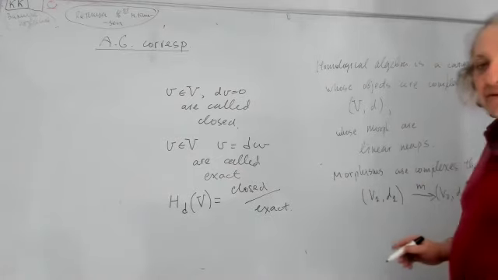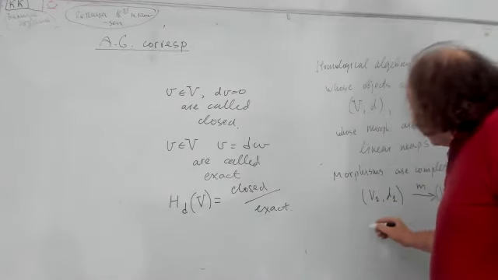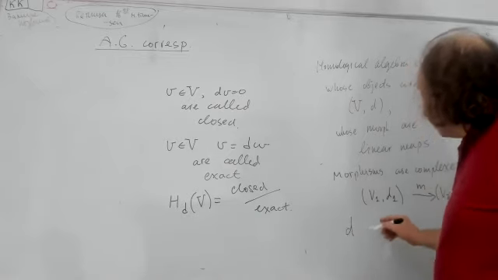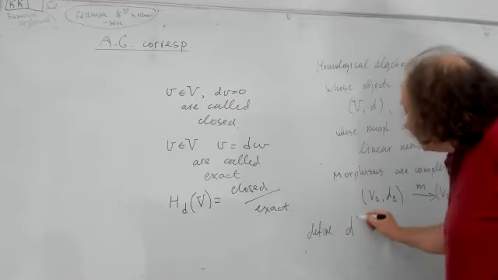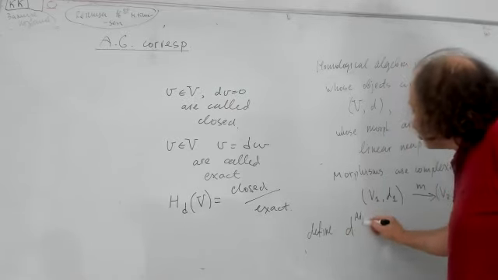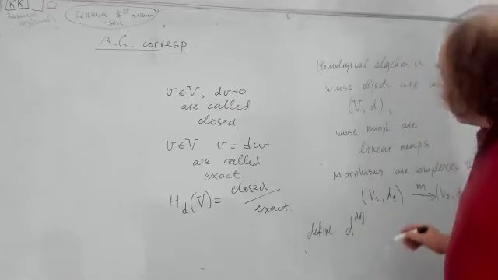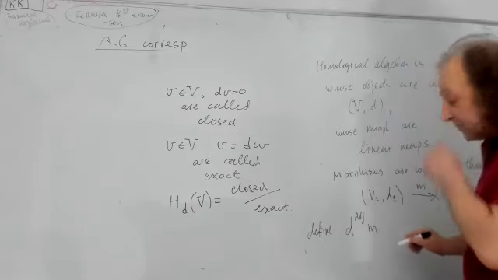Suppose there is a morphism M. Now we can define D, let me call it D adj, adjoint, on M as follows.